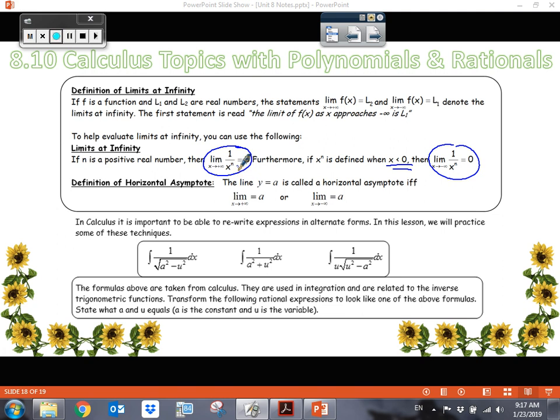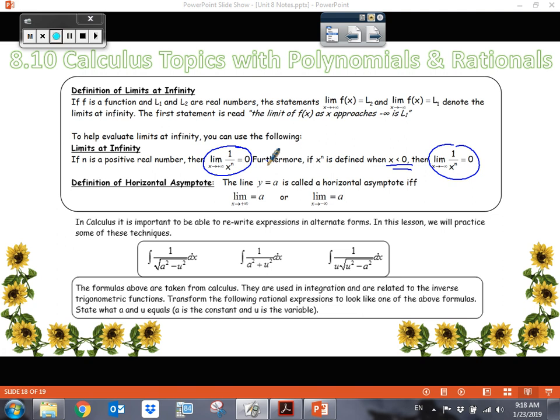If you imagine that scenario, the numerator doesn't move and the denominator continues to get bigger and bigger and bigger, this entire fraction's value is going to get smaller and smaller and smaller. What it's going to do is tend, T-E-N-D, a formal way of saying it, to 0. So this limit is going to equal 0.